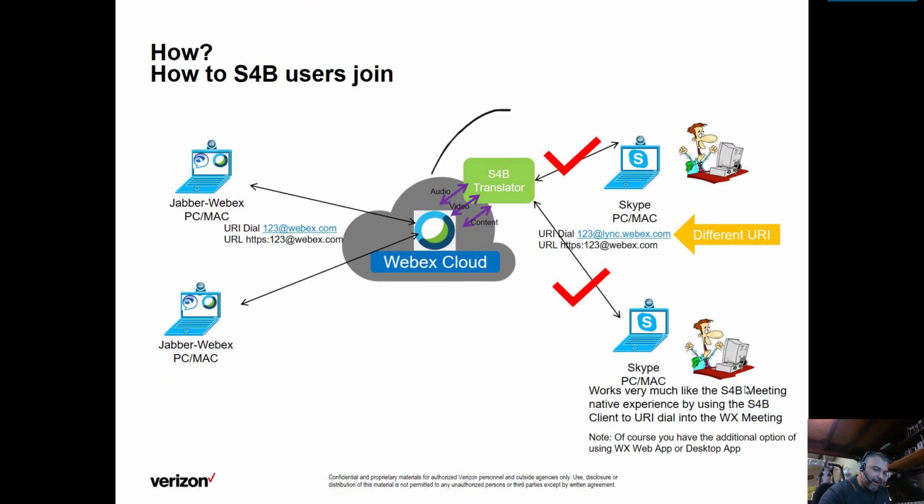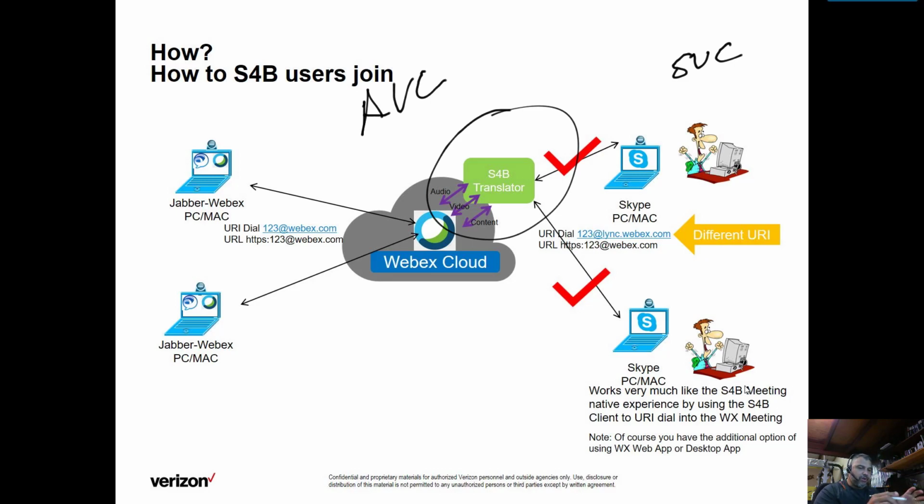Let's look at this guy right here. What happens is the Skype for Business clients get kind of redirected. Their technologies, the audio, video, and sharing technologies, do not jive with Cisco WebEx meetings. It's different. In fact, they use what they call SVC, and then Cisco uses AVC.